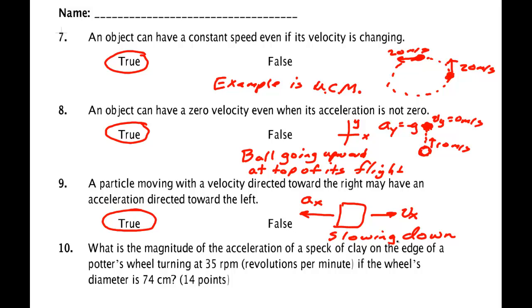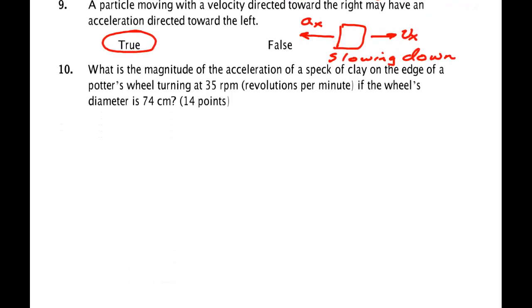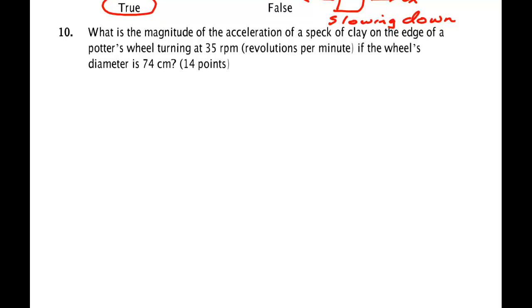Problem number 10. What is the magnitude of the acceleration of a speck of clay on the edge of a potter's wheel? There's a potter's wheel. Speck of clay. There's a radius. It gives me the diameter, which is 2 times the radius, and it says that that's 0.74 meters.